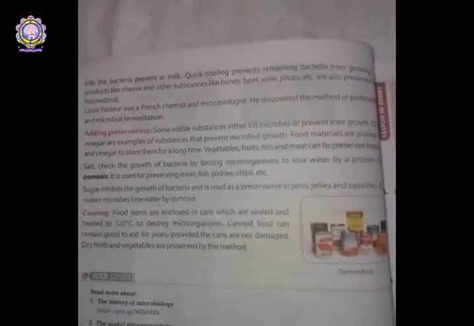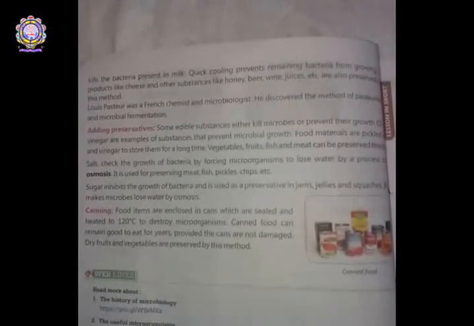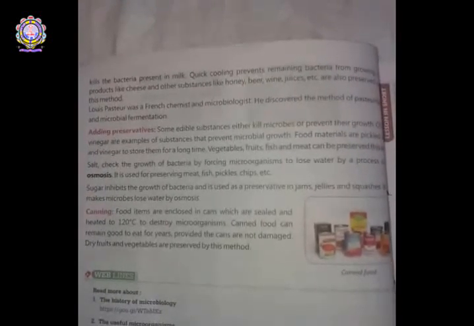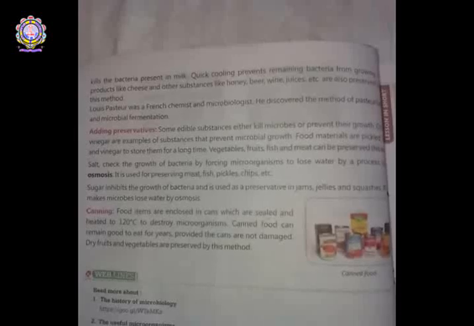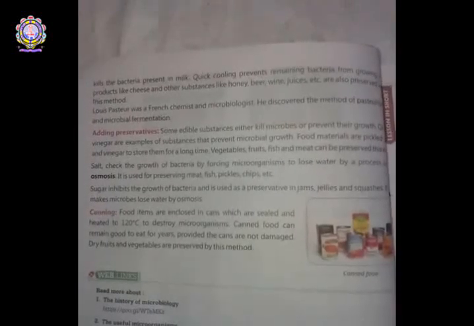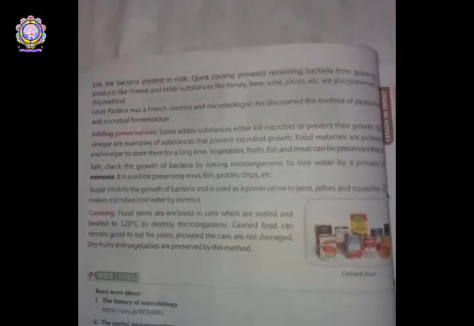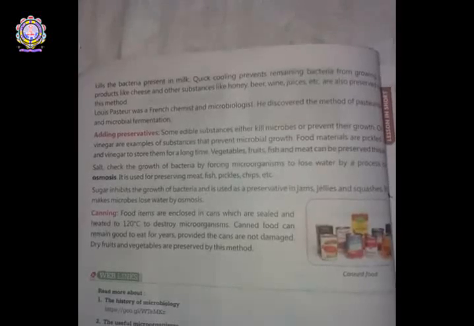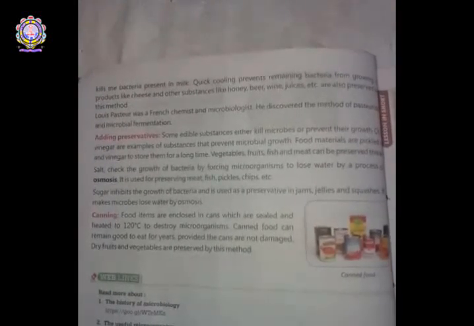These materials are edible substances which kill microbes or prevent their growth. For example, vinegar. These are substances that prevent microbial growth.